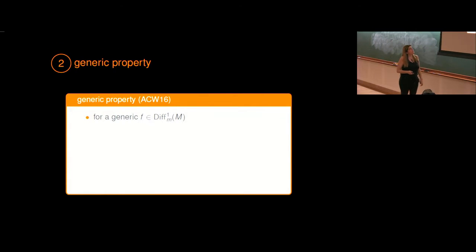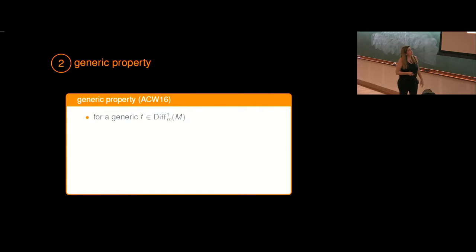So we have the following generic property. This generic property has a long history. The first to state it was Mañé in the 80s. Then it was proven by Jairo Bochi 20 years later. Mañé stated a draft, and the draft turned out to be super difficult to prove, and Jairo proved it 20 years later.